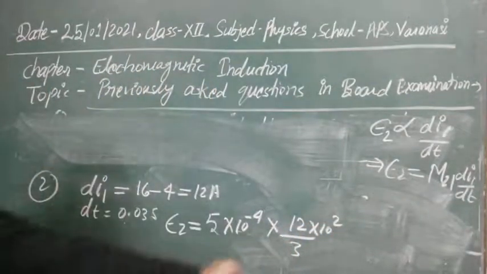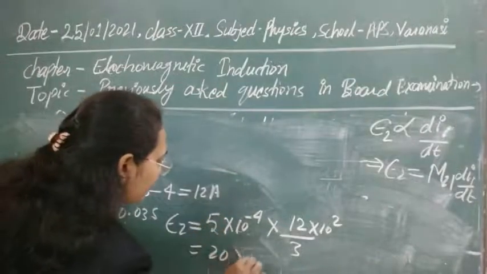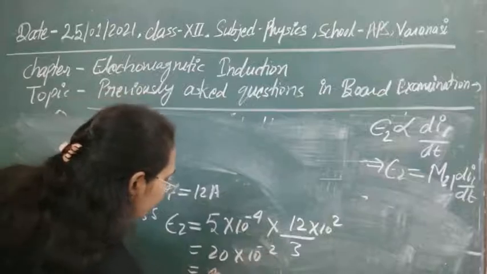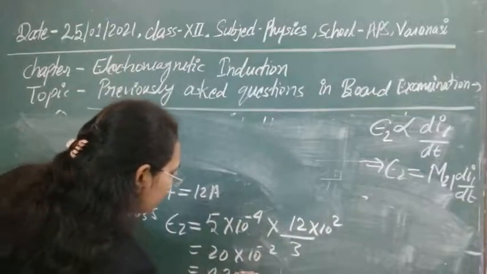Now we can easily solve it, and we will get 20 into 10 to the power minus 2, or simply, if you solve it, we find 0.2 volt.